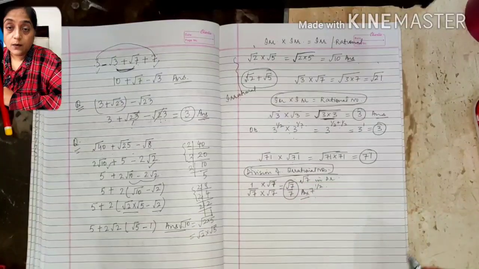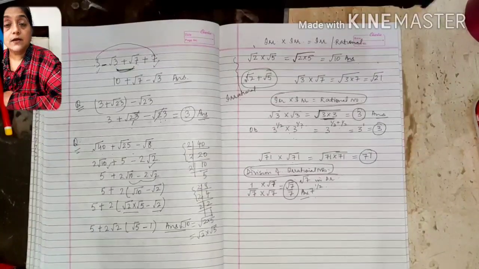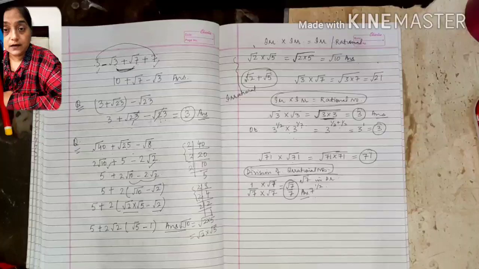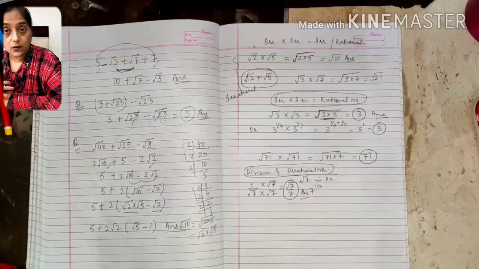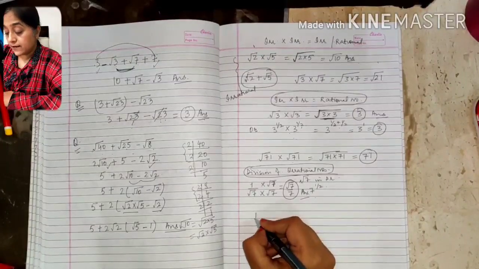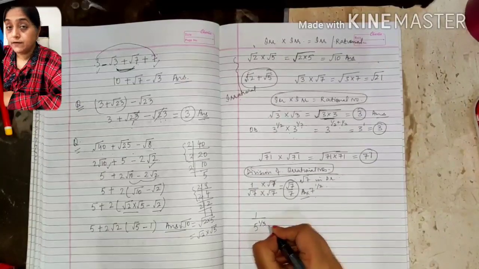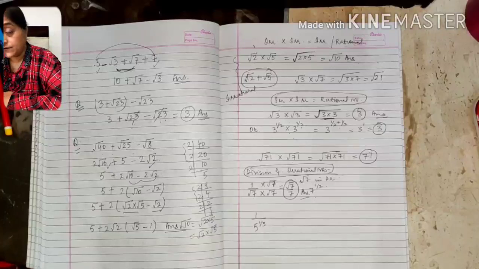I repeat what I said. The basic rule: we cannot have any irrational number in the denominator. Whenever we have any irrational number in the denominator, we have to rationalize it. Suppose I have a question 1 upon 5 raised to the power 1 by 3. The power is 1 by 3.